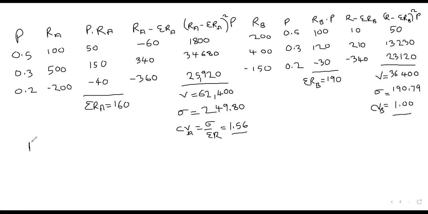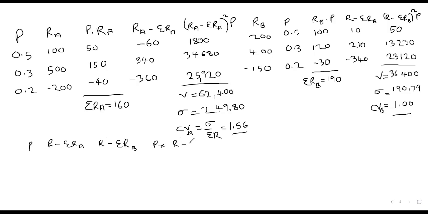And how do we find the covariance? We go now to calculating these three important columns. Multiply these columns.